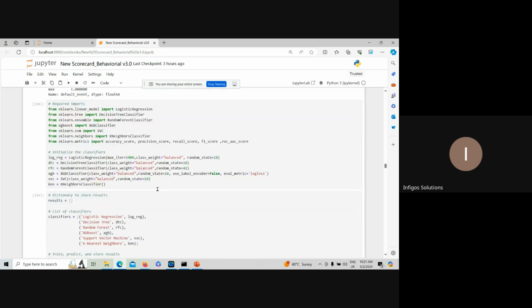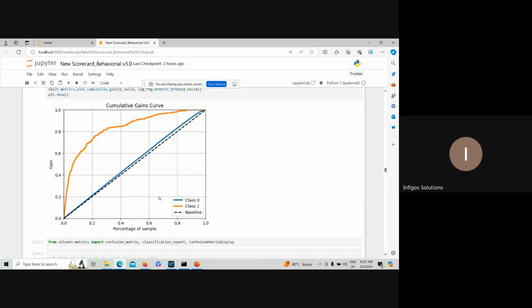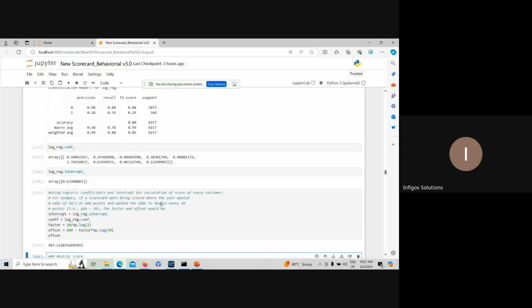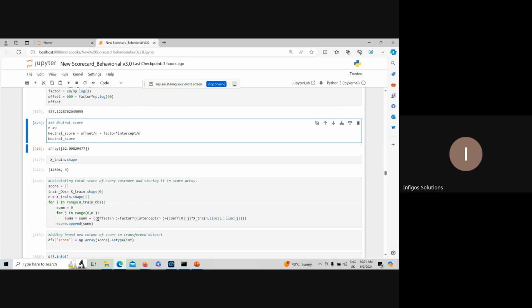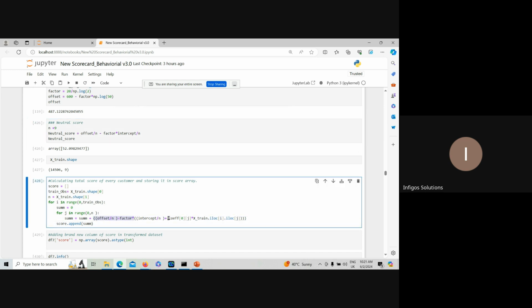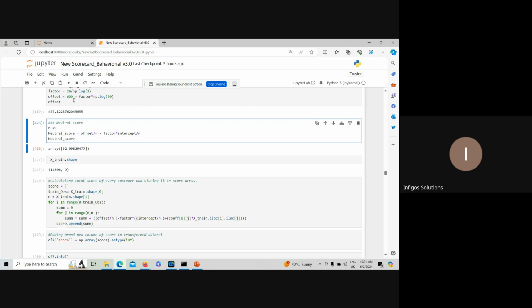So you calculate the neutral score. At the neutral score, you keep all the coefficients 0. Look at this formula here, the score formula. If you put the coefficient as 0, it becomes offset minus factor into intercept by n. This is your neutral score. Neutral score is a score at which all coefficients are 0.